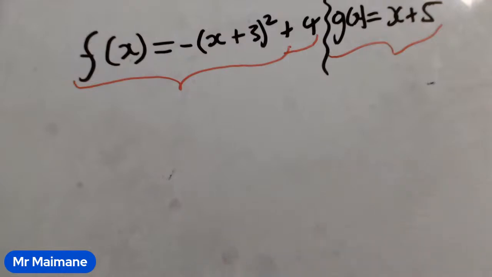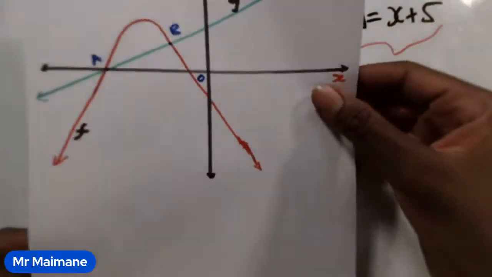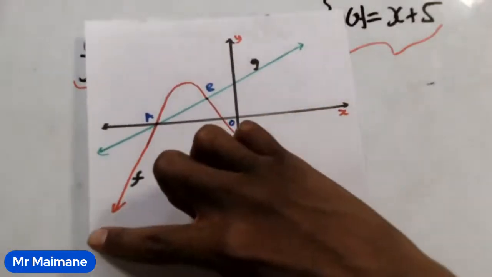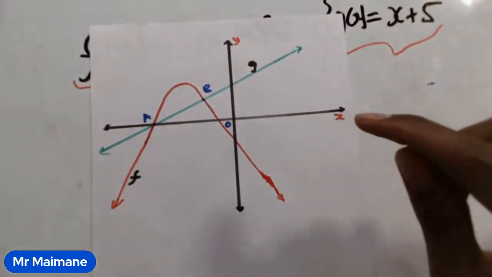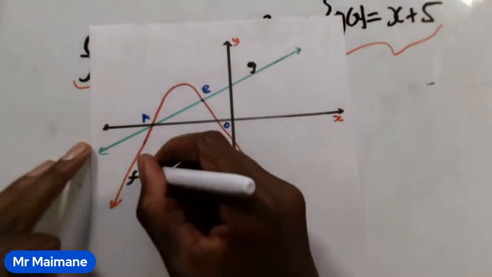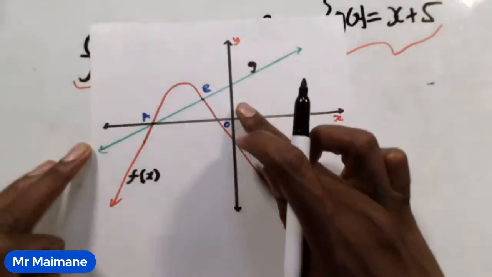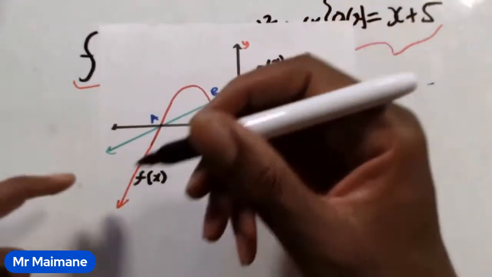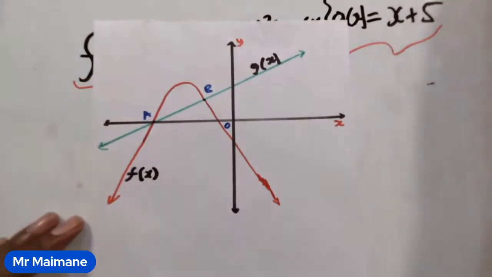The diagram looks more or less like this. Let me try to draw it closer. So this is our f of x, and this is g of x. The whole structure should be similar to this.